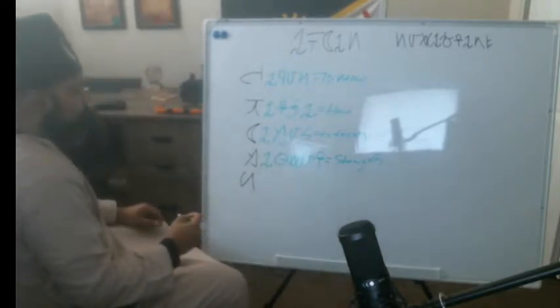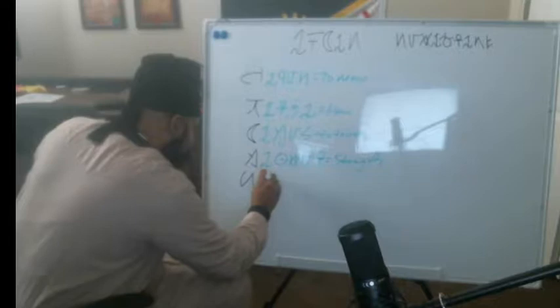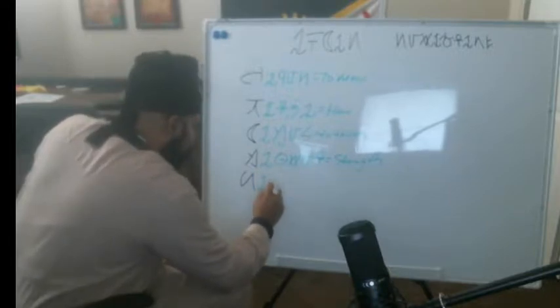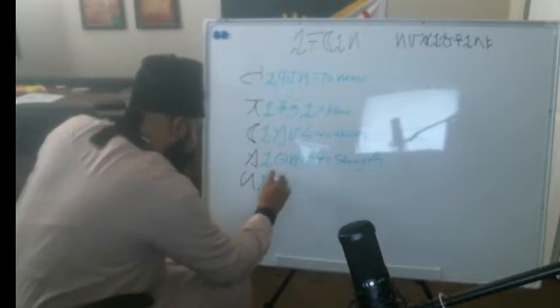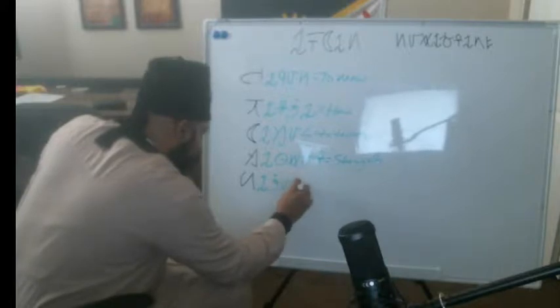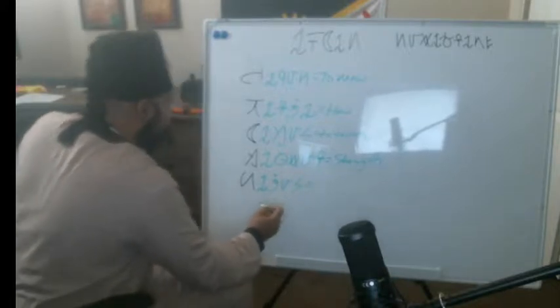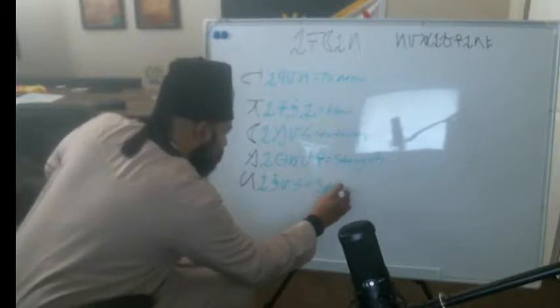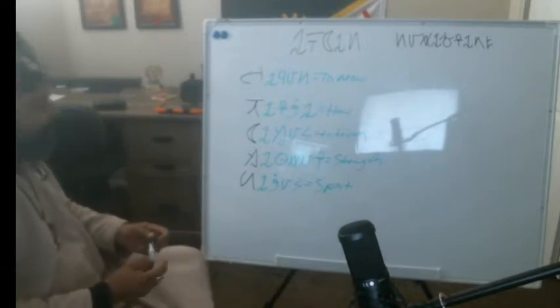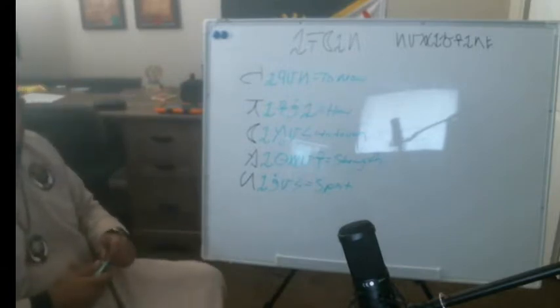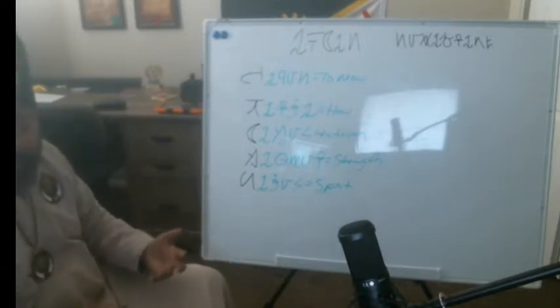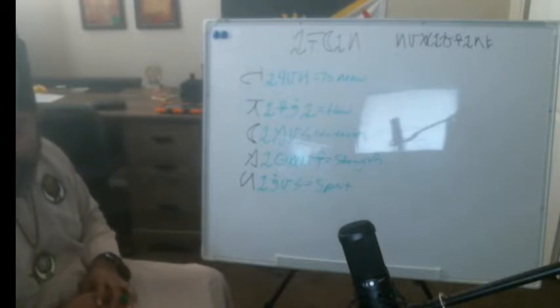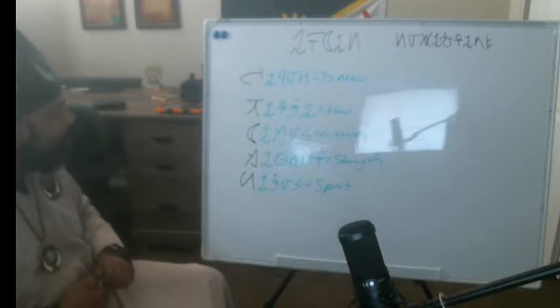And then N, we could put Nafus, and that means spirit. All right, so there's the next five letters and a word that kind of help you remember maybe what these letters are and what they mean.